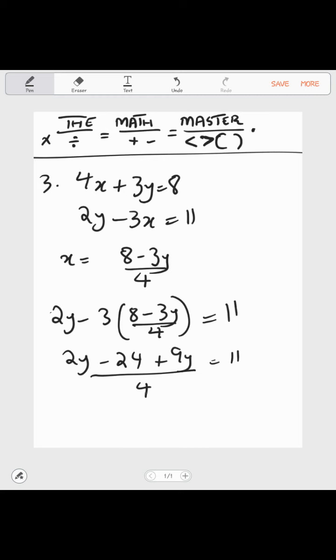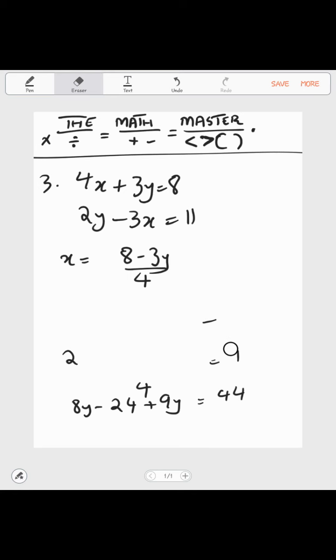Now 8y minus 24 plus 9y is equal to 4 times 11, which is 44. So that's the answer, and we can easily simplify to get y. Now you should know how to do it.